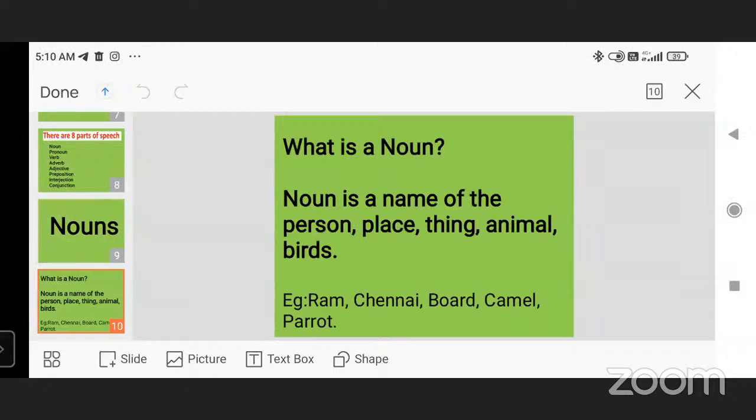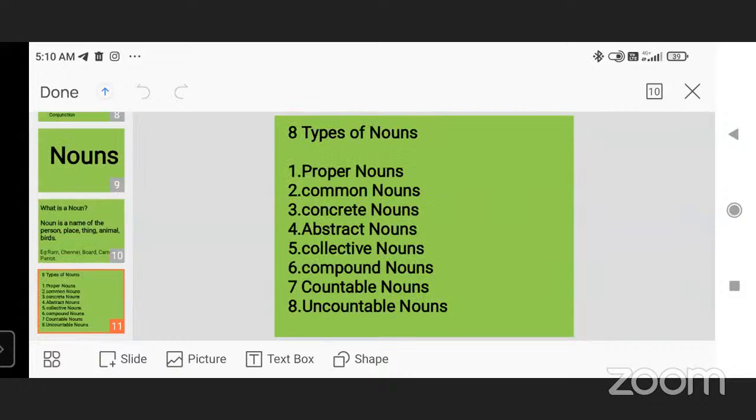A noun is the name of a person, place, thing, animal, bird. Examples: Ram, Chennai, boat, camel, parrot. There are 8 types of nouns: proper noun, common noun, concrete noun, abstract noun, collective noun, compound noun, countable noun, and uncountable noun.